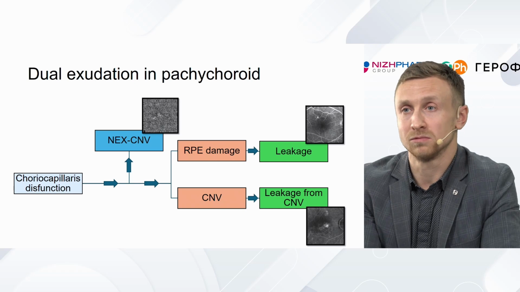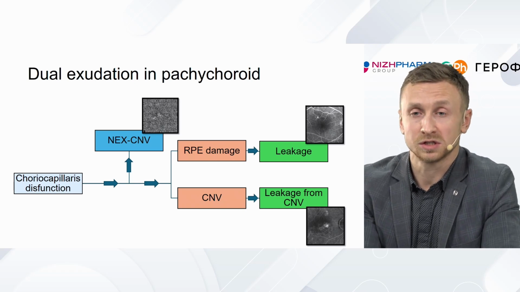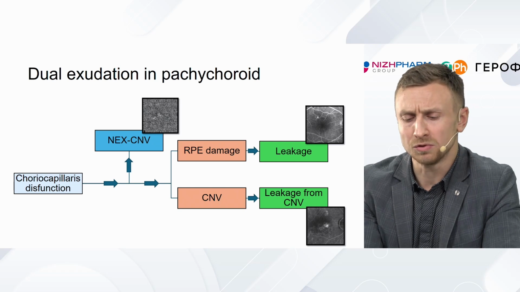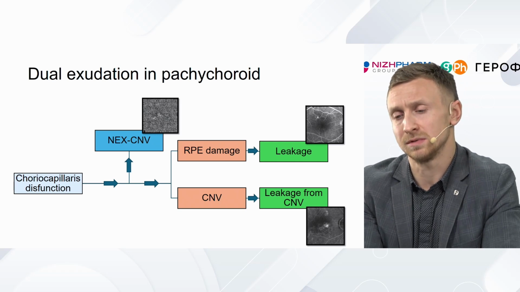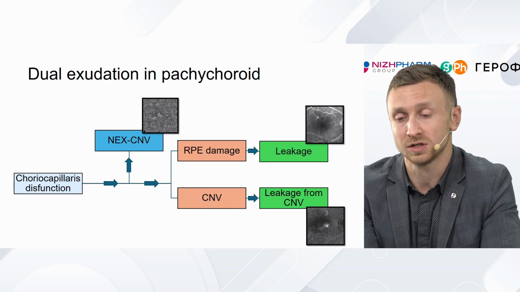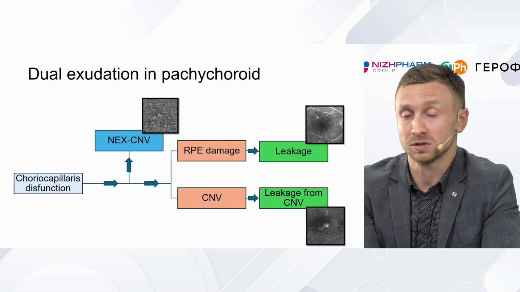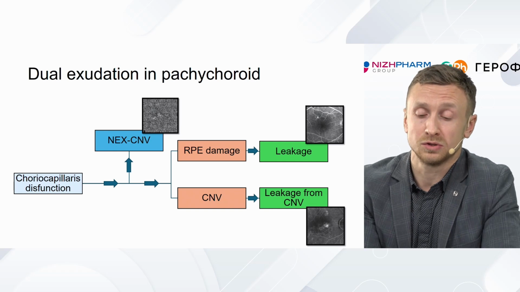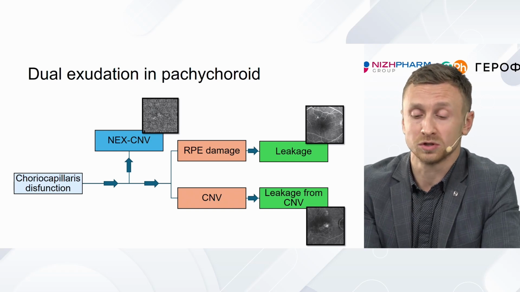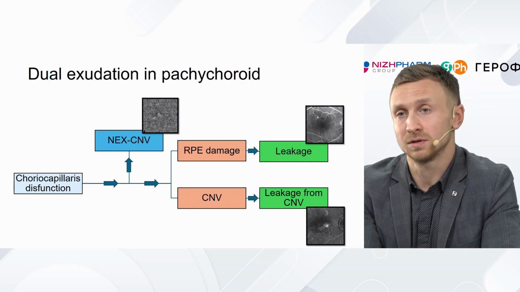And the importance of this class is the following. When we speak about pachychoroid spectrum diseases, we should always keep in mind that in these patients, especially if it is central serous situation with CNV, it would be a dual exudation mechanism where fluid comes not only with choroidal neovascularization, but also from the vascular envelope, as we see it in patients with non-complicated central serous phenomenon.